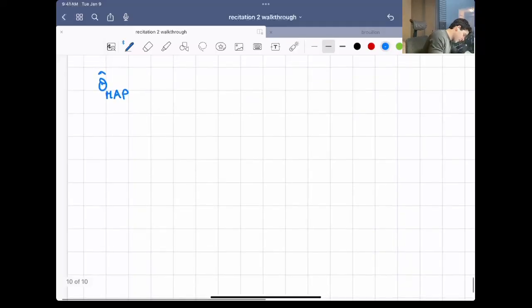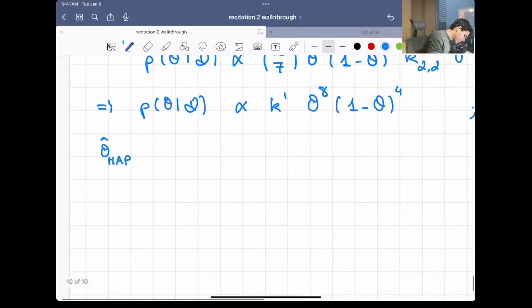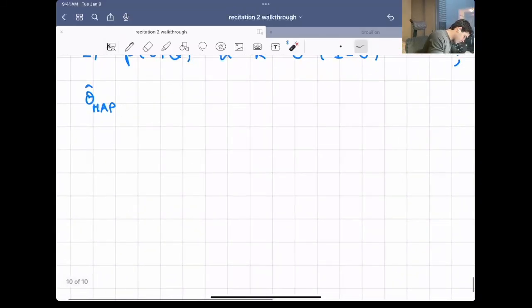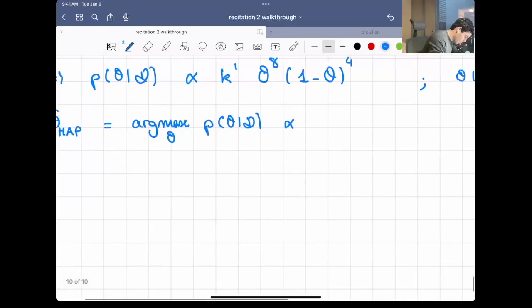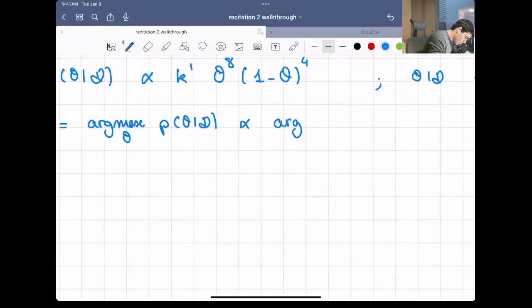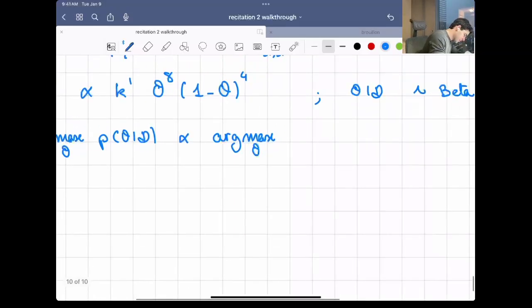So theta hat MAP, again we use the hat to talk about estimates of parameters, is equal to argmax over theta of the posterior, which is proportional to argmax over theta of, since the normalizing constant doesn't depend on theta, we can omit it from the maximization.